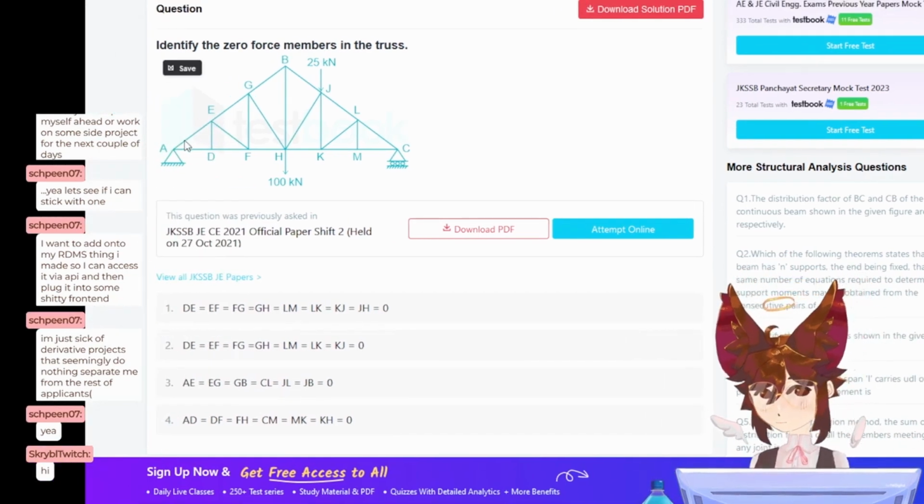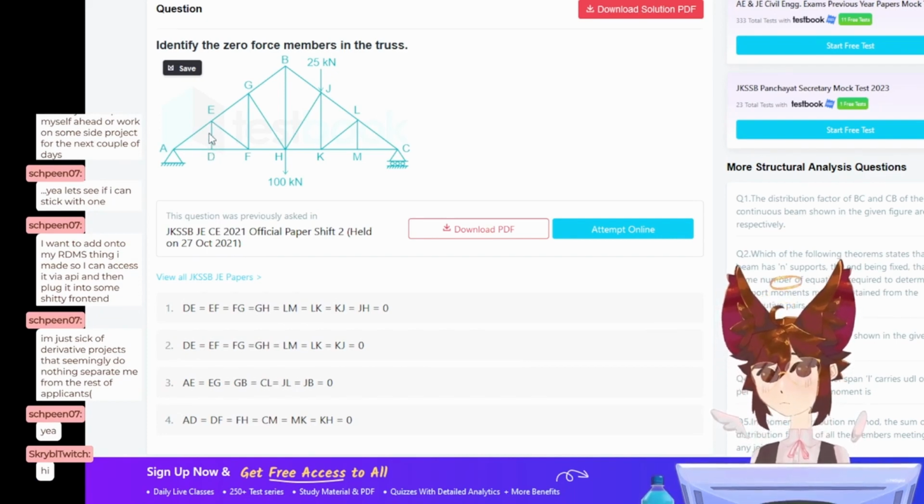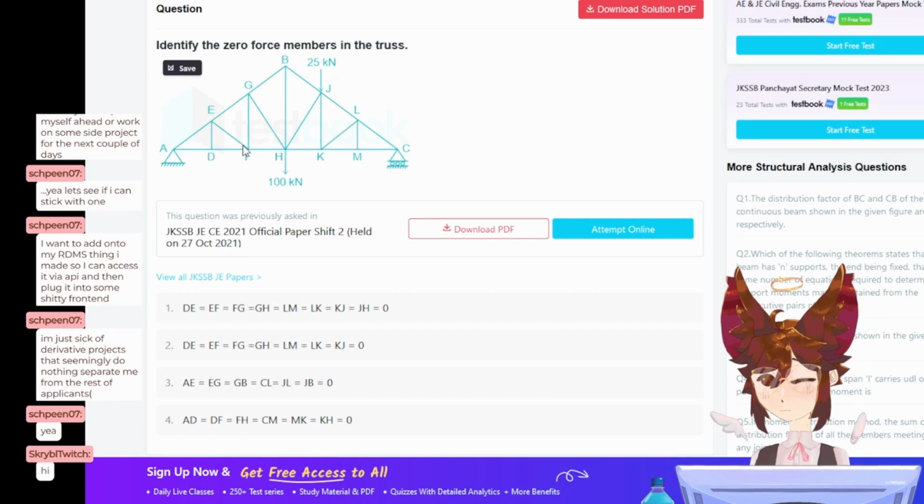Okay, zero force members. Okay, so this one, ED, which means that EF, which means that FG, which means that GH, which means that LM, well, I mean, that doesn't mean that.